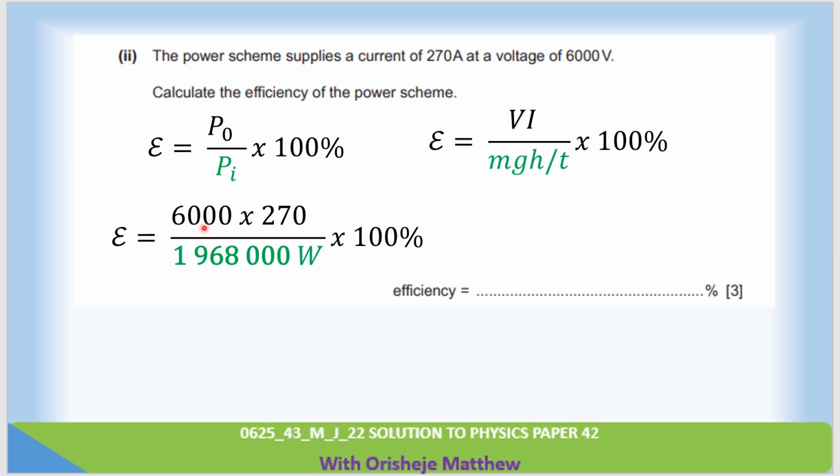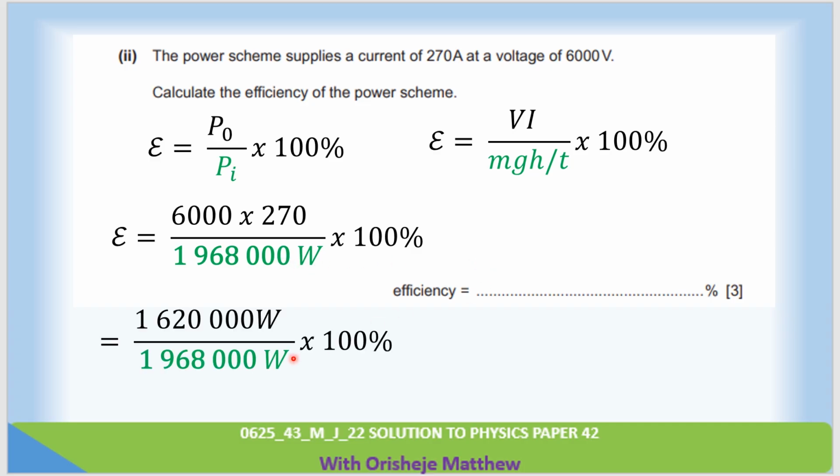So 6,000 volts multiplied by 270 amperes, divided by this power here, will give me about 82.3%. So the power scheme is highly efficient. That means the power lost in the process of conversion is less than 18%, so take this away from 100. It's highly efficient.